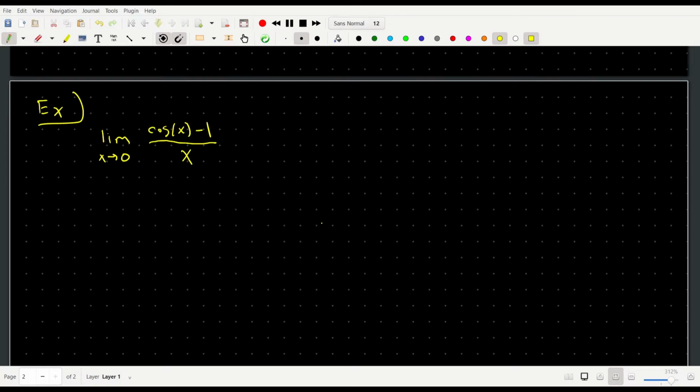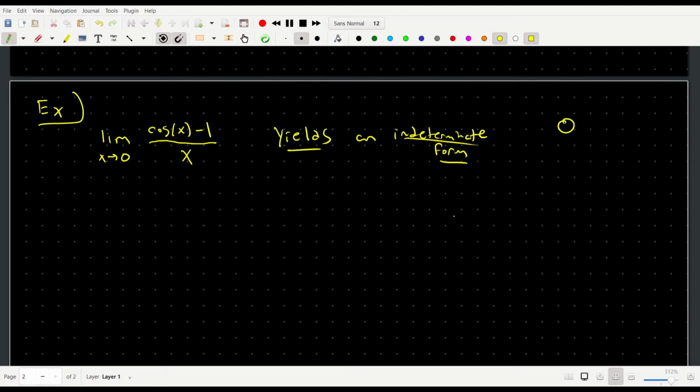Now, the first thing to notice is that this limit yields an indeterminate form. As x goes to 0, the numerator, cosine of x minus 1, which is our function f of x, goes to cosine of 0 minus 1, which is 1 minus 1.